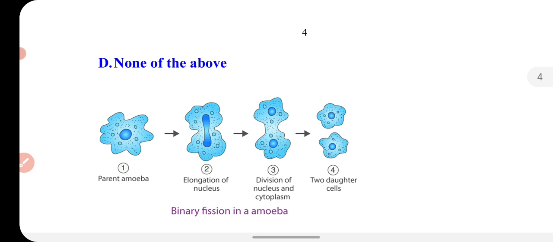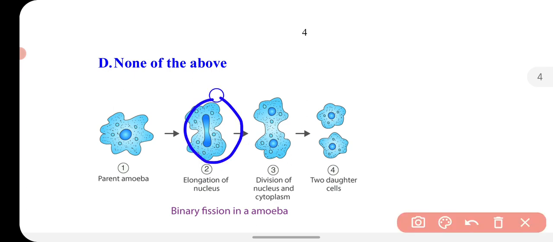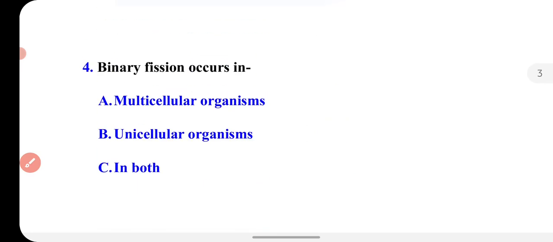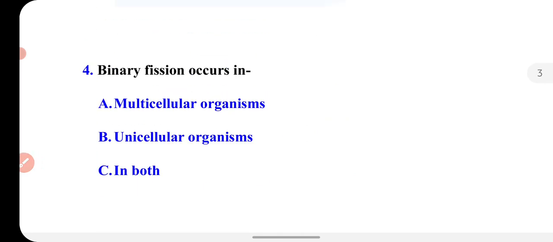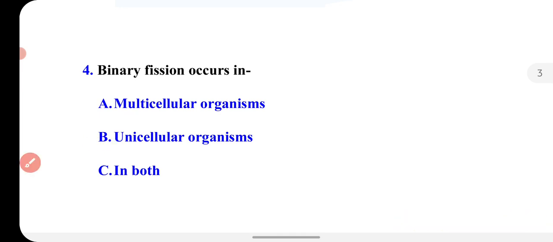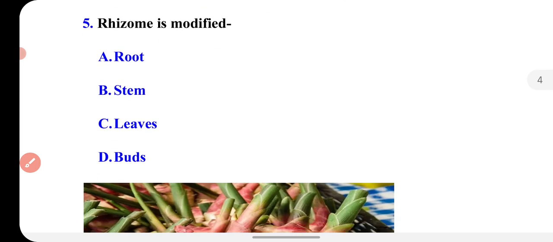Like you can see here, the binary fission is in amoeba. The amoeba divides into two daughter cells equally with the help of binary fission. So binary fission is a kind of asexual reproduction that occurs in unicellular organisms. Now let's talk about the next question.